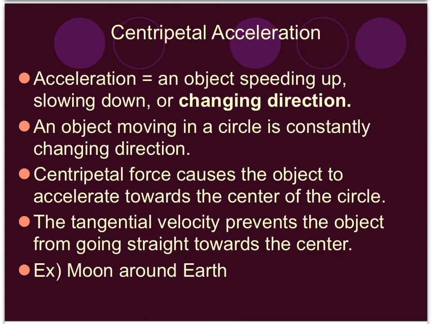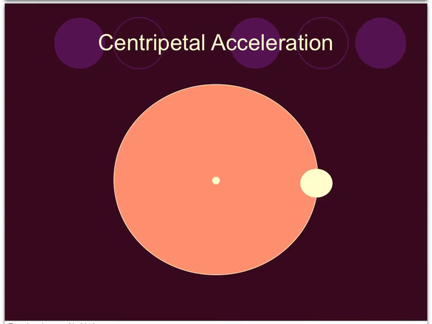So that tangential velocity prevents the object from going straight towards the center. For example, we know the moon revolves around the Earth, but even though there's a centripetal force pulling it in that circular path around the Earth, we don't worry about the moon crashing into the Earth because it has that tangential velocity, which is going to prevent it from moving towards the center of its path.